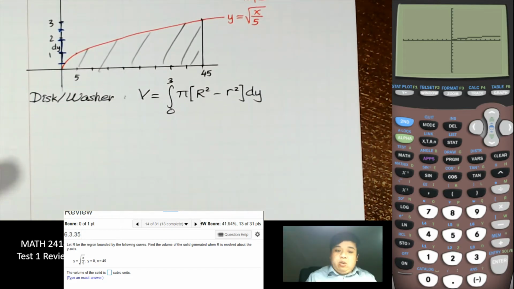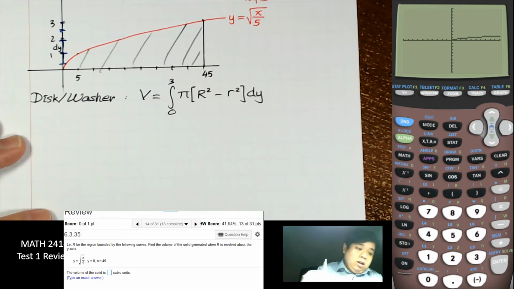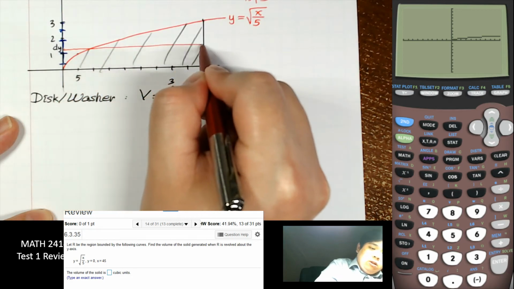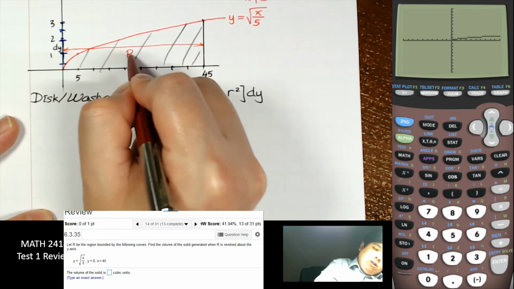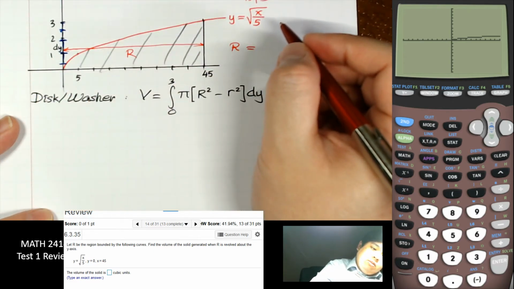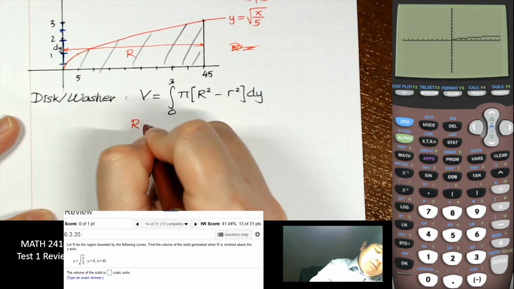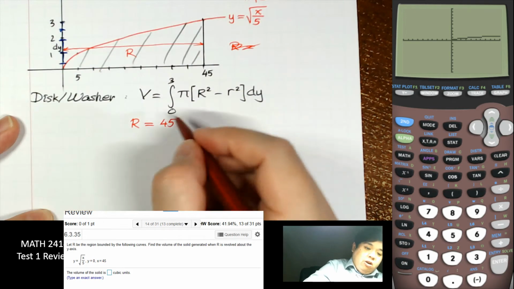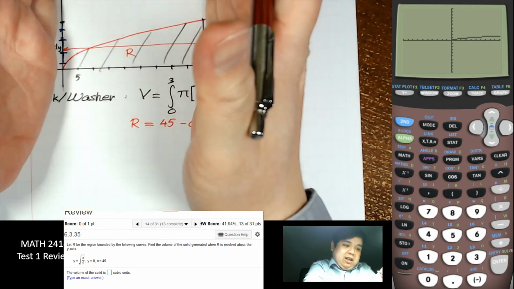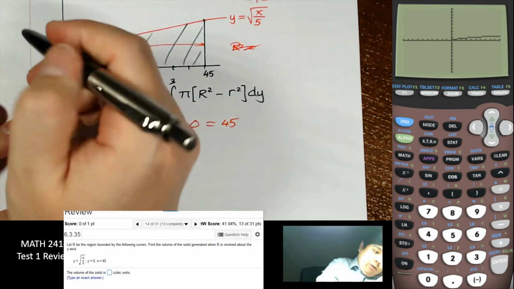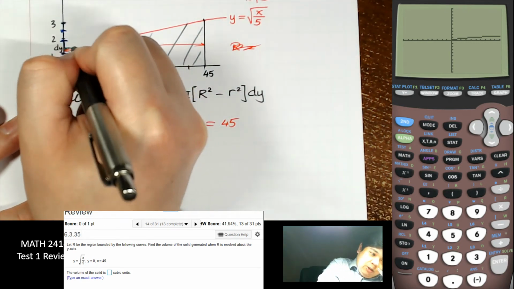Just need to determine the big radius and the little radius. The radius is always from the axis of rotation to the outer edge. So the big radius in this case is 45 on the left and 0 on the right. Yeah, that length. The little radius is from the axis of rotation to the function.